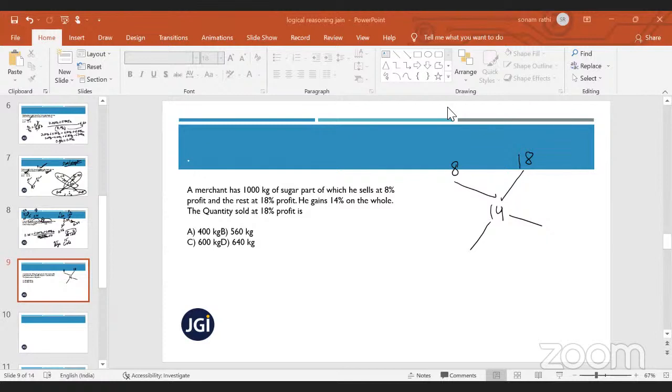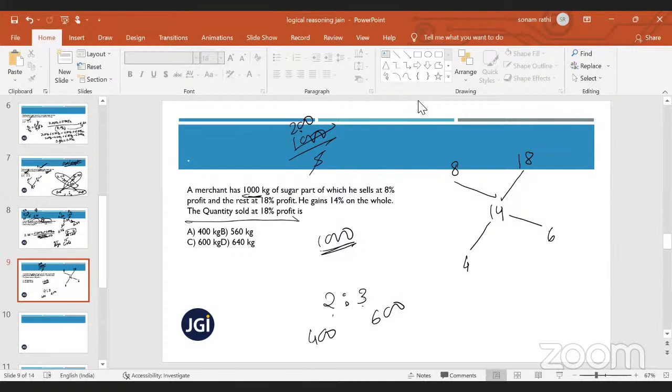Read the question again. 18 minus 14 is 4, and this one will be how much? 14 minus 8, 6. 2:3. You have to divide 1000 in 2:3 ratio. So 1000 by 5, 200. 200 into 2, 400. 200 into 3, 600.